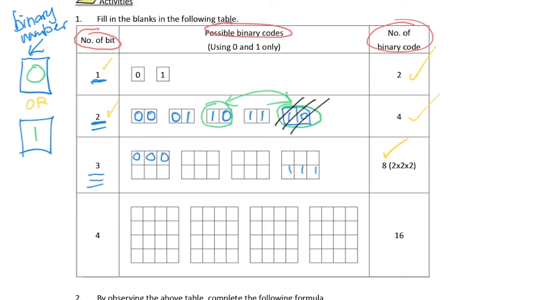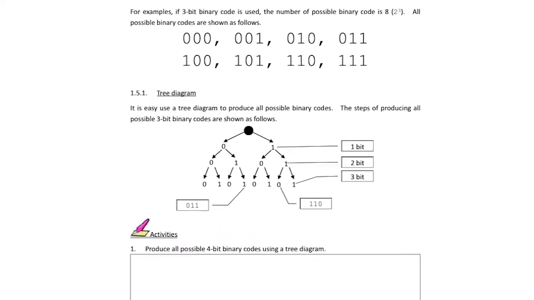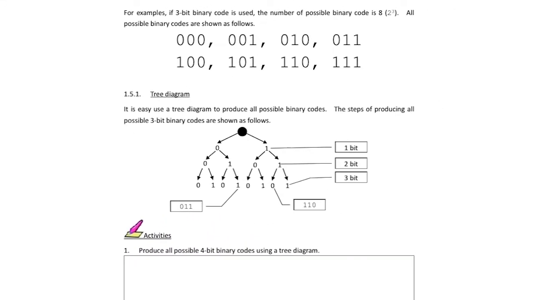So I will introduce another method for you, such that you can know how to fill in all these codes. You can use a tree diagram to represent it. So how to use a tree diagram to help you? Let's see.